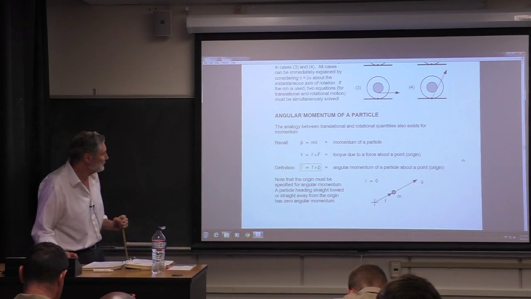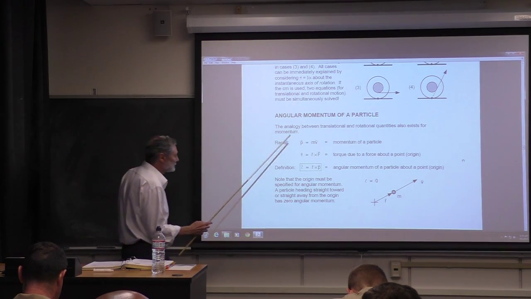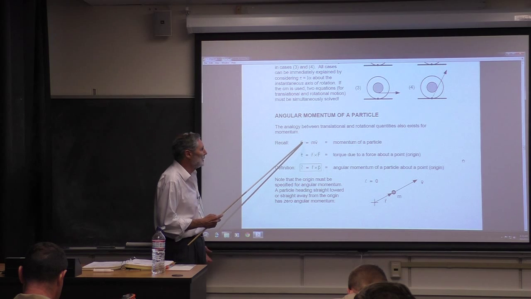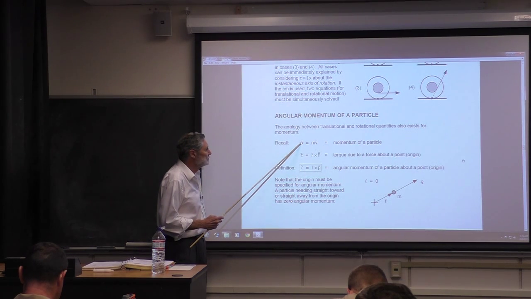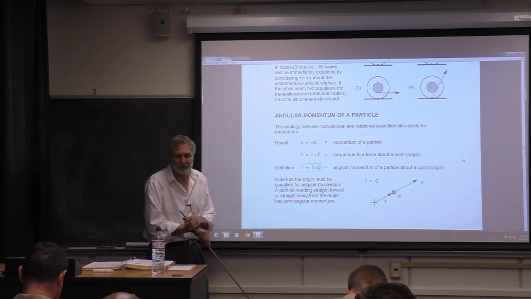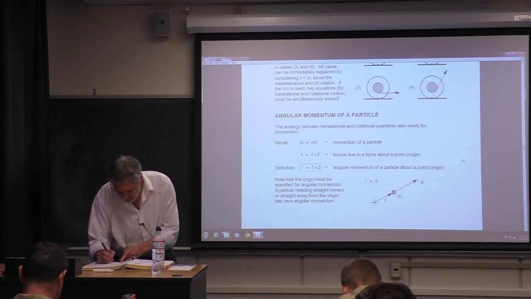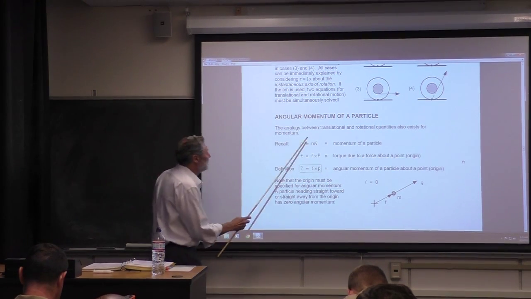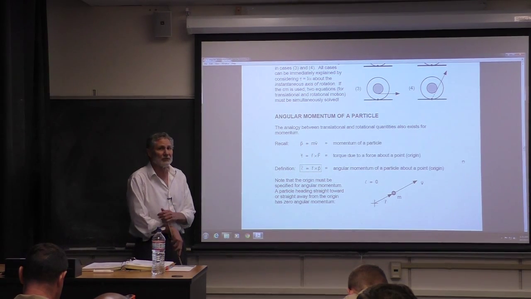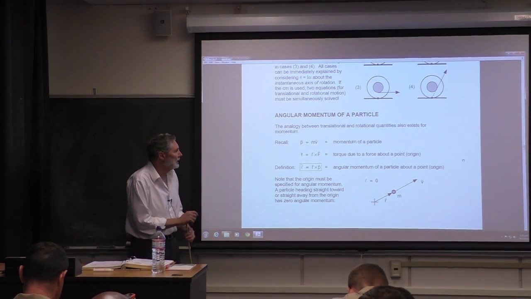So anyway, we know that the linear momentum of a particle is defined to be the mass times the velocity, and this turns out to be useful, mainly in collisions, as we saw.